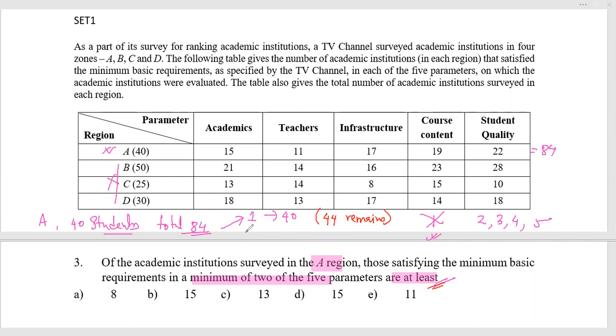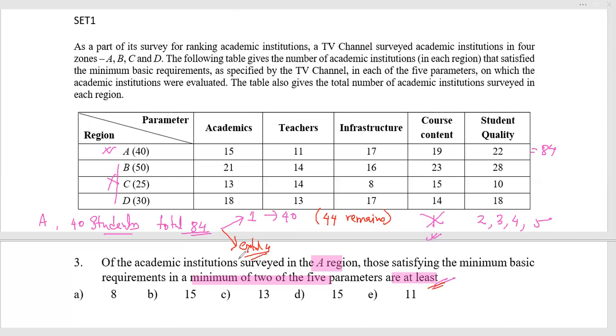How can I do it? I will not give it to 2. What will I give? Now I want to give an extra 4. That means 1 is initially received by all of them. Now an extra 4 I want to distribute.